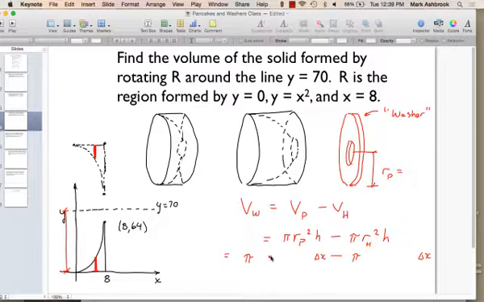It's just 70. It's just that y-coordinate from the outside of the pancake to the center of rotation. Okay, now what about the radius of the hole?